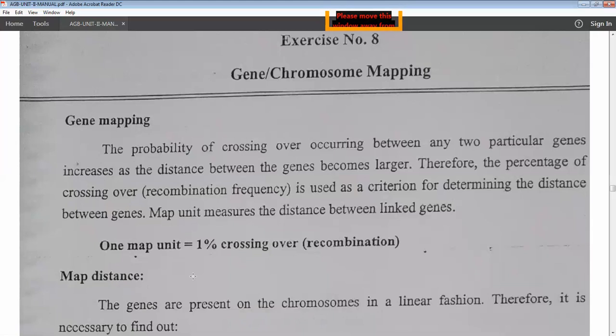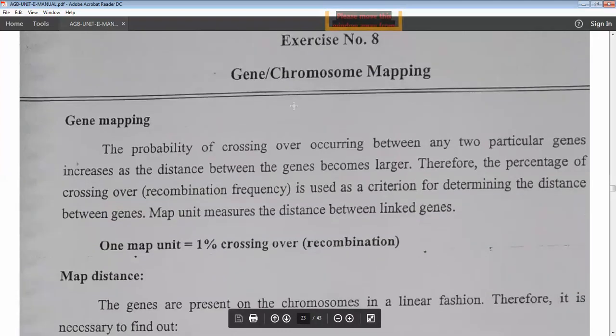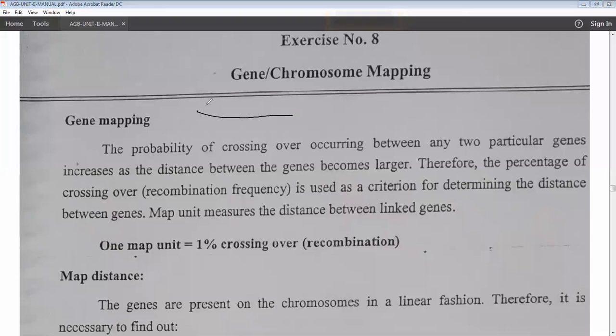Okay, so the map distance: if the distance between two genes is more, there are chances that they will undergo crossing over. Crossing over is more. But if they are closely linked, closely present, then there are chances that linkage is more. Always keep this in mind.